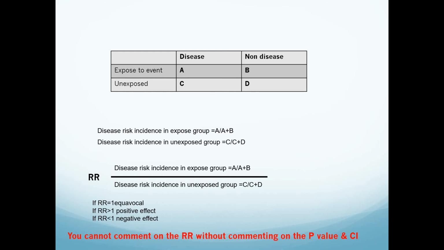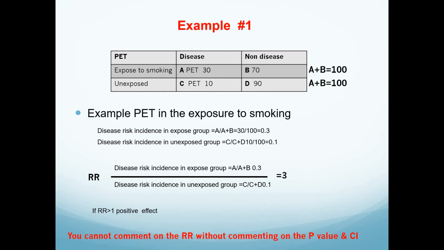Let us take the first example, where we are studying the BET and the exposure to smoking. We want to know if there is any relationship between exposure to smoking and the development of BET. We have two groups. One is the unexposed group, which is the control group, of 100 persons, and the exposed to smoking group, which is also 100.